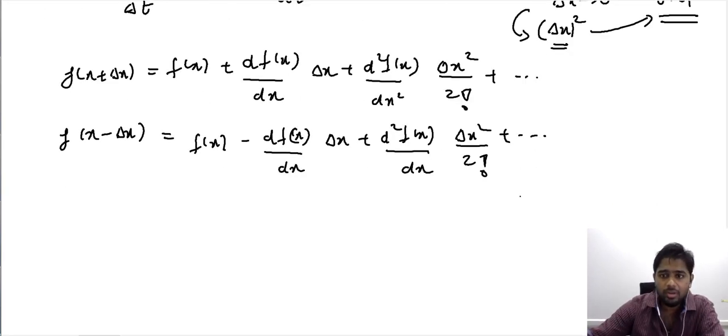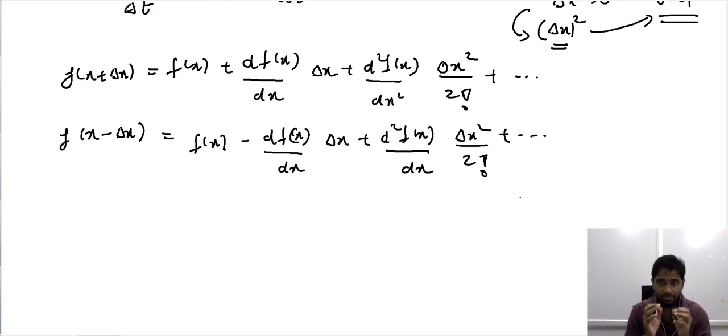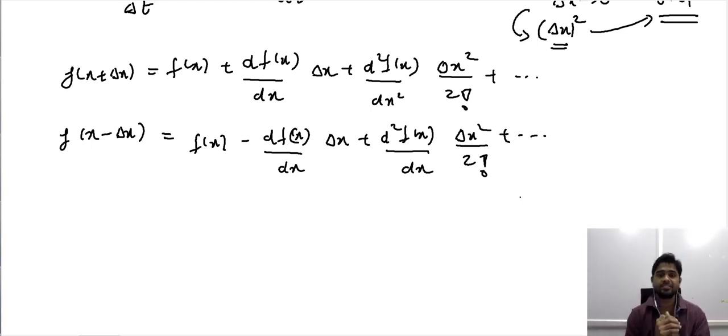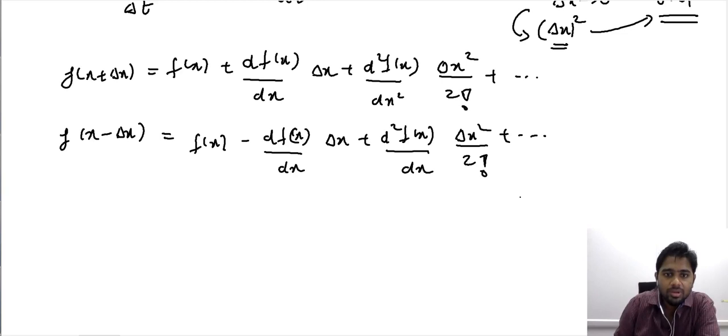Now, our goal is to have an approximation technique wherein the error associated with the approximation does not scale with respect to delta x, but scales with respect to delta x square. So in order to do that, let us consider these two Taylor series expansions.